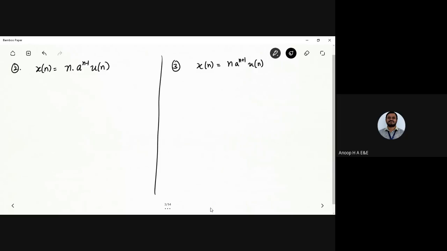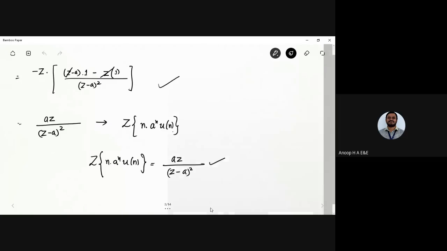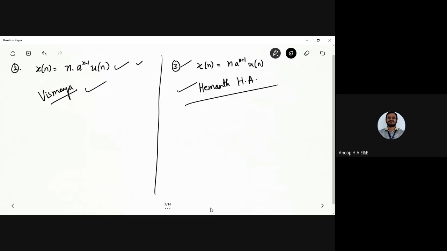Okay, I think this problem Vismaya can solve it, and this one I think Hemant will be able to solve it. So here Vismaya and Hemant can solve these problems, that is the second and the third problem. So keep a reference of the problem that we had done here, and later you can proceed with problem number 2 and problem number 3. Okay, you should be able to do it, and you can submit the answers by today within 8 p.m.